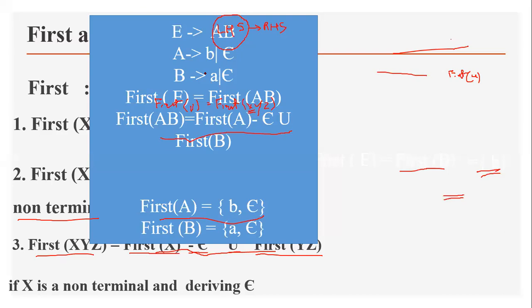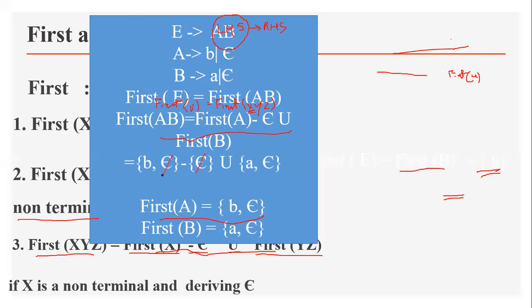When you find first of A and B, you can substitute here. In the place of first of A, I will substitute b comma epsilon, minus epsilon, union first of B, that is a comma epsilon. Now, b comma epsilon minus epsilon means epsilon cancels.